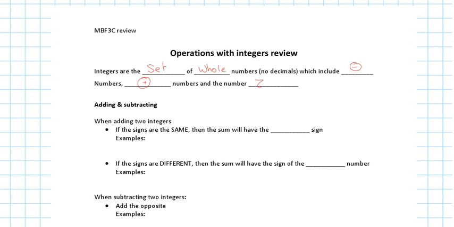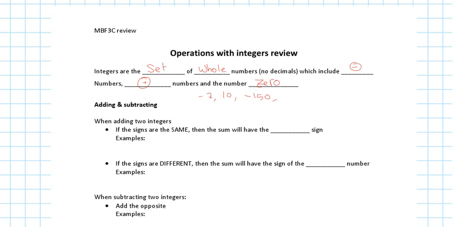I don't know if we call that a number, but the 0. So an example would be negative 7, 10, negative 150. Whatever number, as long as it's a whole number.